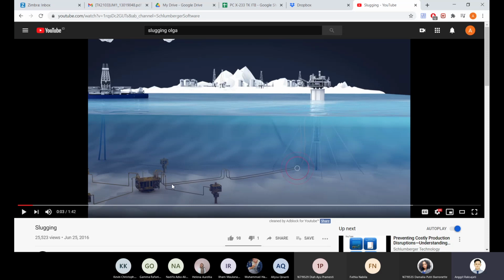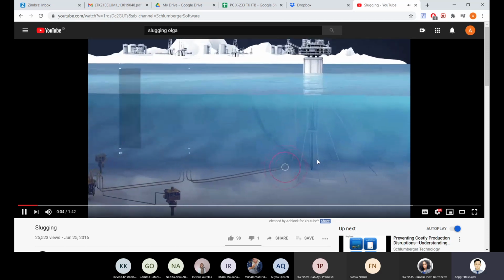So it will involve some vertical tubing, some horizontal pipeline at the bottom of the seabed, and then some riser. As you see here, the red circle is the starting point of the riser, where the pipeline starts to rise vertically, and that's where slugging most of the time happens.